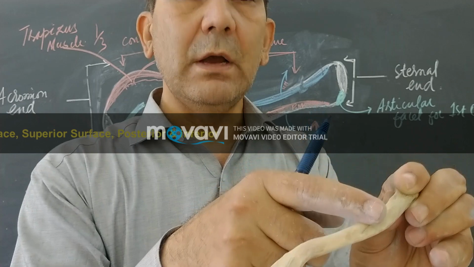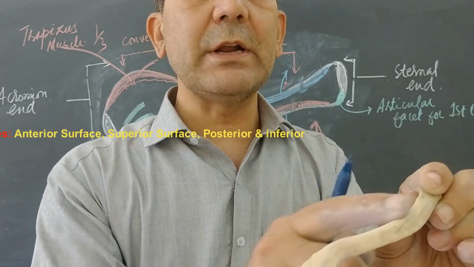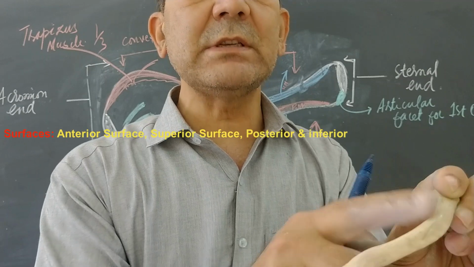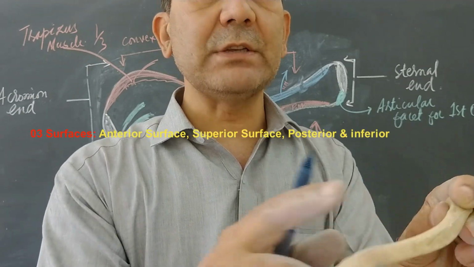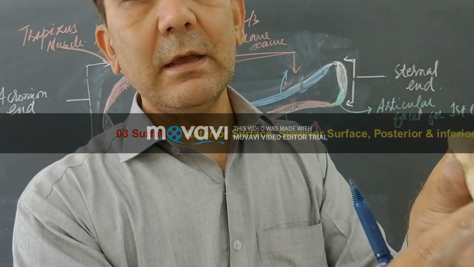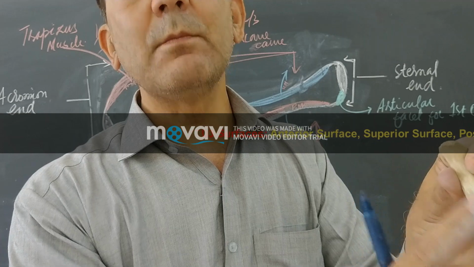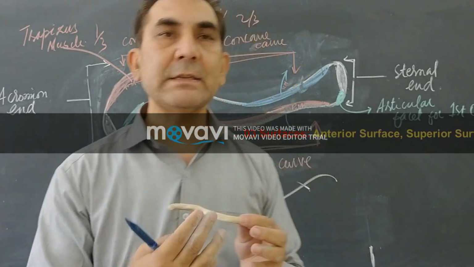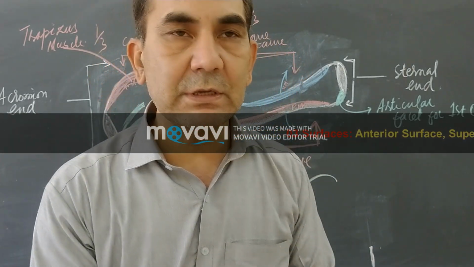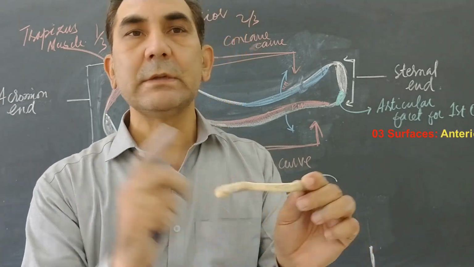Between the superior border and posterior border is another surface. This is called the superior surface. And between the posterior border and the inferior border is the posterior surface. So it has 3 borders and 3 surfaces: the anterior border, superior border, posterior border.